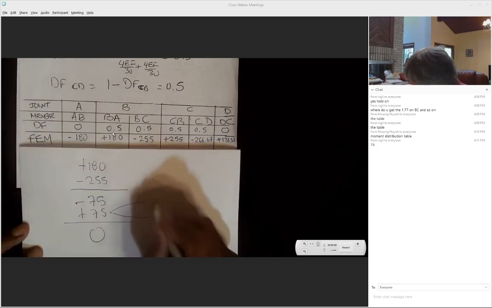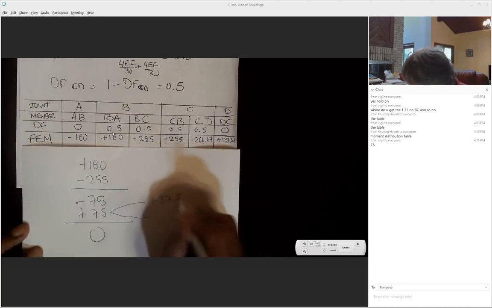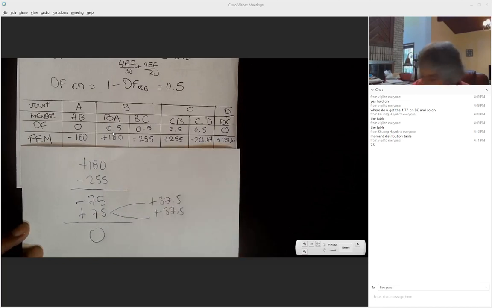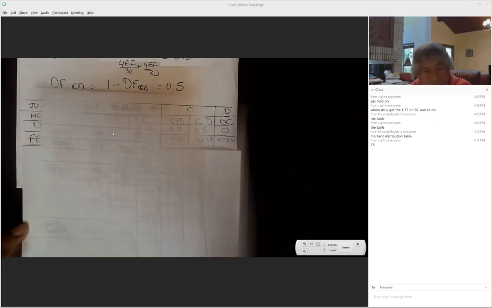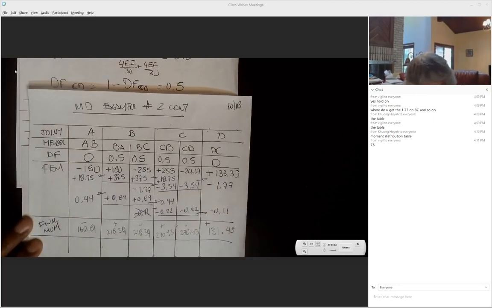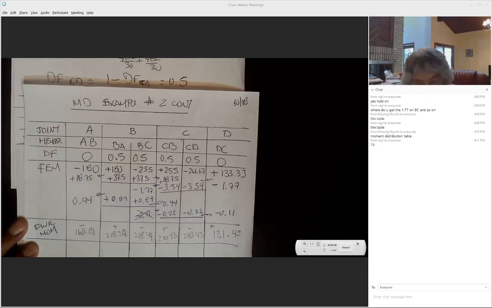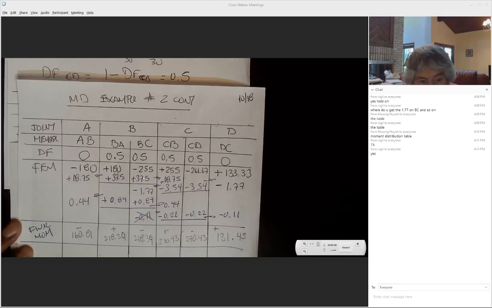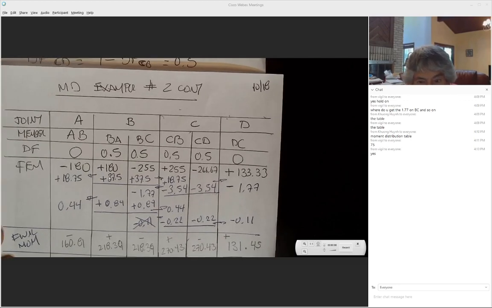So this is going to be plus 37.5 and plus 37.5. And this is what I did in here. Do you see the plus 37.5 here? I think that you asked. Do you see this in here?